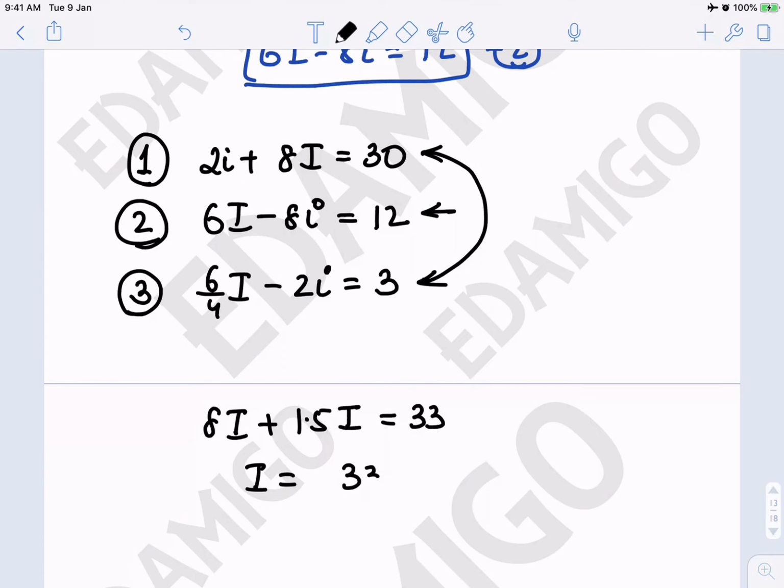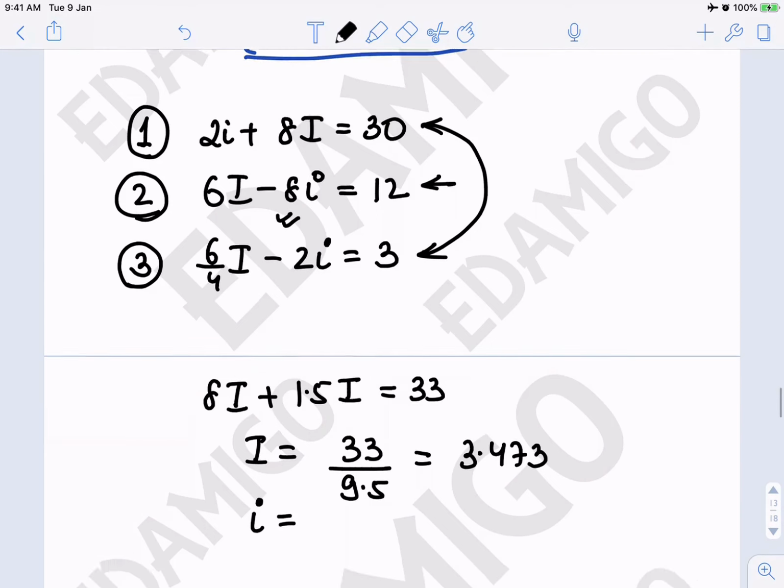Capital I is equals to 33 divided by 9.5, and that will come out to be 3.473. And we can also find small I by solving; let us put the value of capital I in equation number 2.